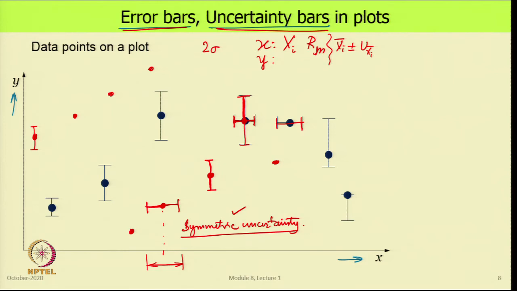Now, it could so happen that uncertainty in every one of these points is same as this. So, the magnitude of these bars will be the same. So, this is same uncertainty at every value.